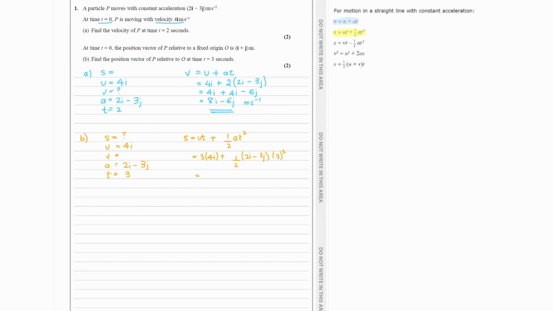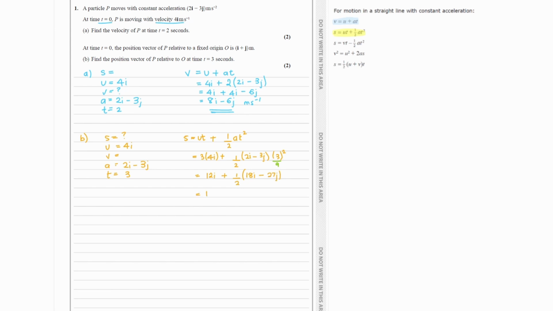So if we expand the brackets, we will get 12i, and we can keep the half and first expand the bracket with the 3 squared, which gives us 9. So 9 multiplied by 2i is 18i, and 3j multiplied by 9 is negative 27j.